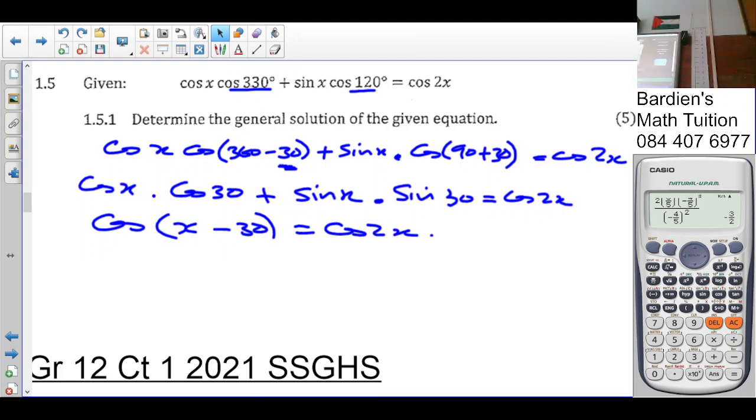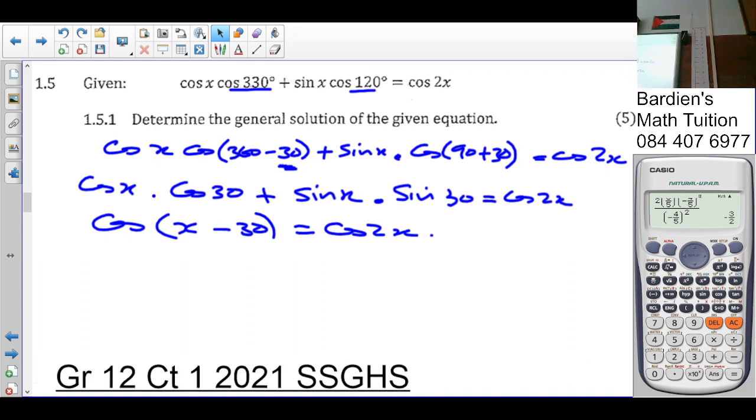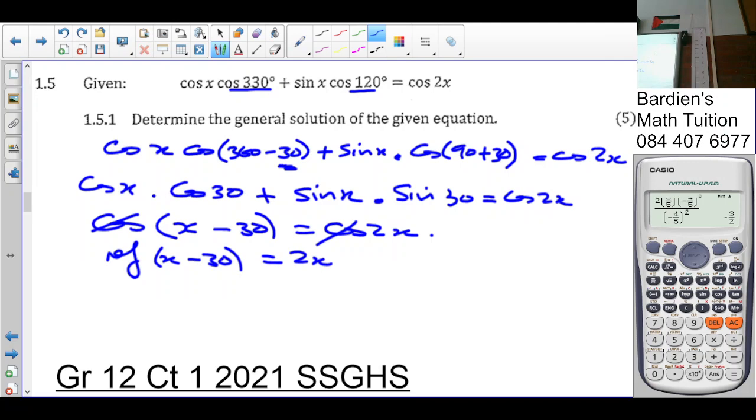If that was the sum, then under normal information as we did before in grade 11, we should be able to calculate this. Okay? So those first two steps are grade 12 work. From here it goes back to grade 11. So that cancels. So I say reference, x minus 30 is equal to 2x.